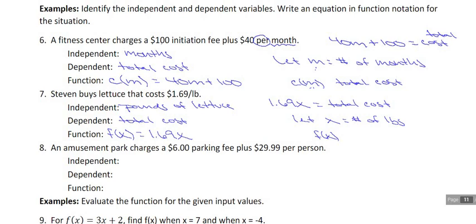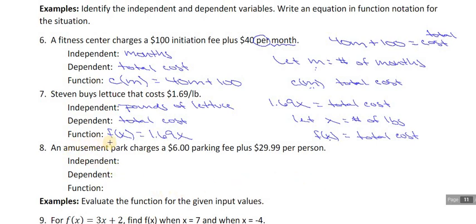The second piece that I'm writing is just to help you see what it is our output or our y value, our f of x, c of m, g of x, whatever it may be, what that actually represents. So our f of x in this case equals our total cost relative to the number of pounds that are put in.